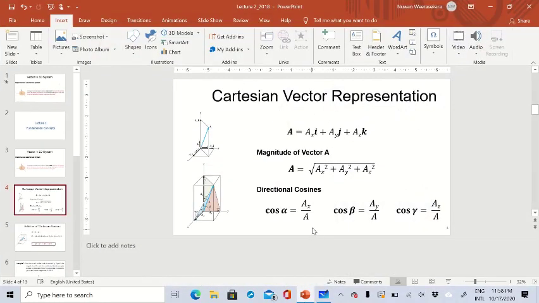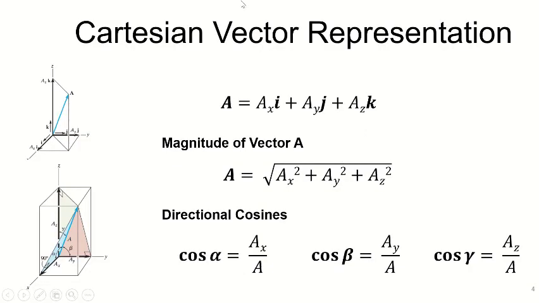If you go to our presentation, here the vector A can be resolved into three components as I mentioned earlier: Ax plus Ay plus Az, right? Ax again is a scalar quantity, the magnitude of the vector in the x direction.